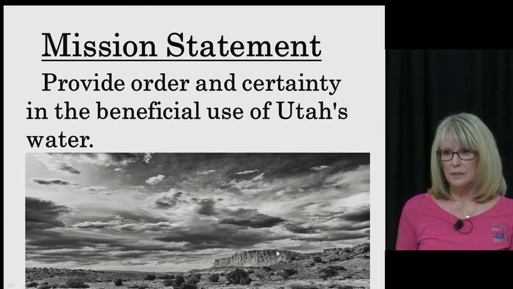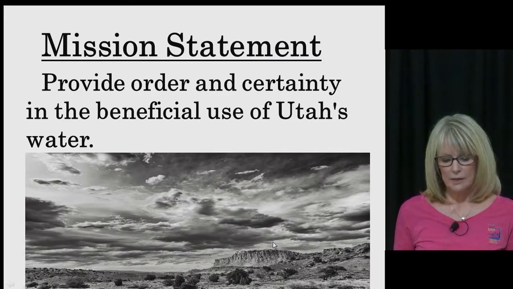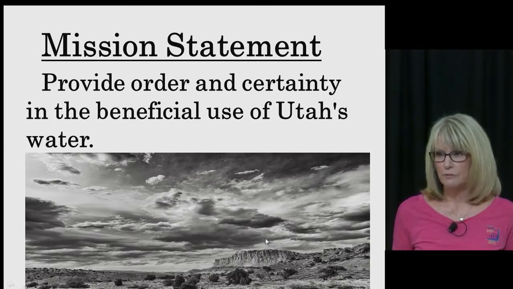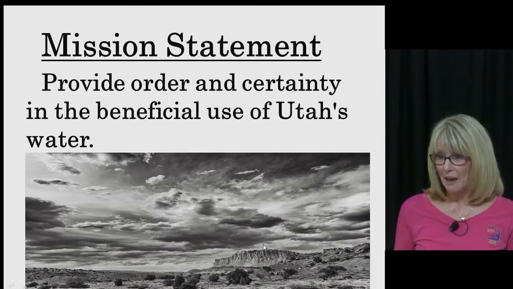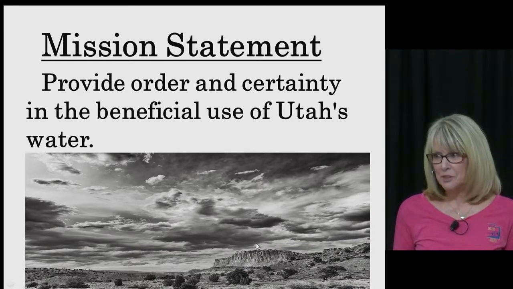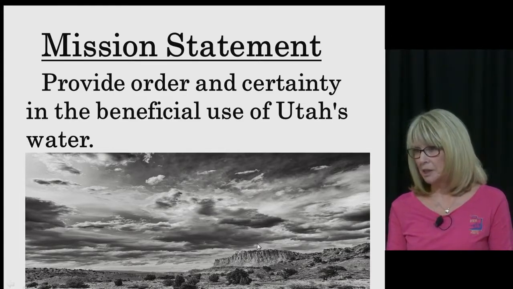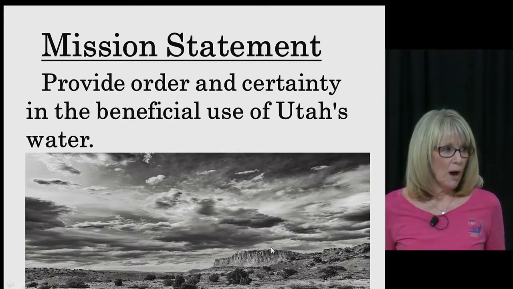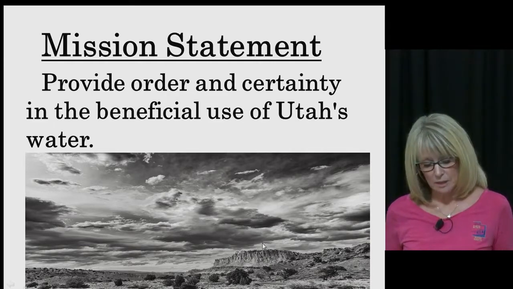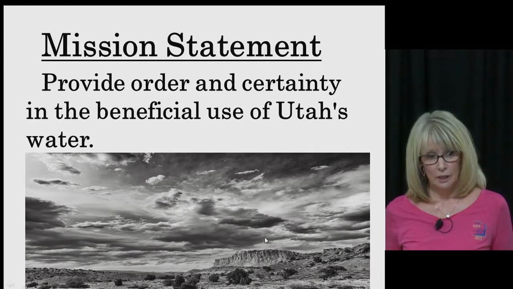Now, our stated mission of the Division of Water Rights is to provide order and certainty in the beneficial use of Utah waters. In an effort to provide that order and certainty on water rights, the division strives to maintain quality record keeping. Quality record keeping includes keeping the ownership current on the records of the state engineer.